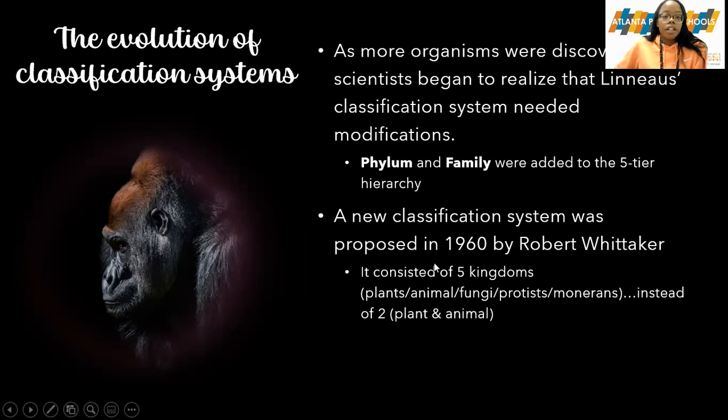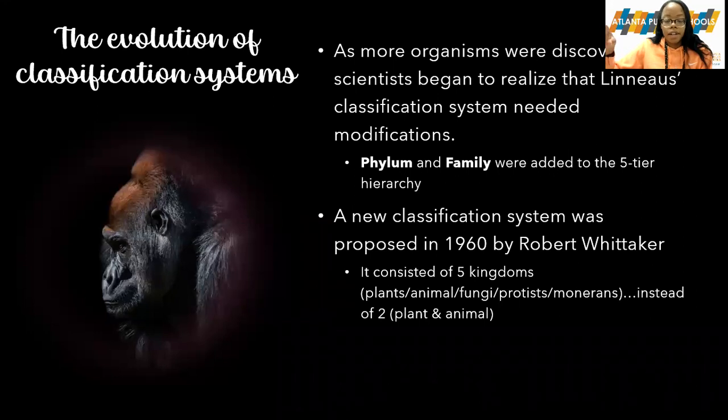Another thing that Whittaker also included into this classification system is on the kingdom level. He believed that there were 5 different components that organisms could be classified under. And so he established those, he came up with them.